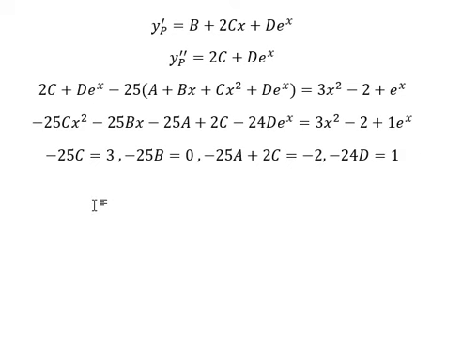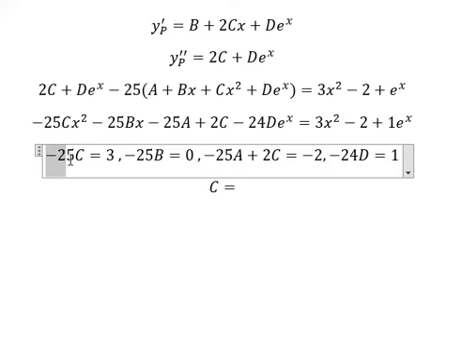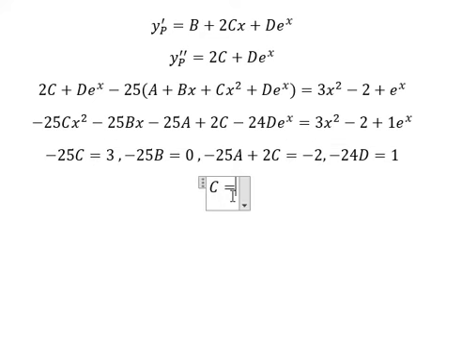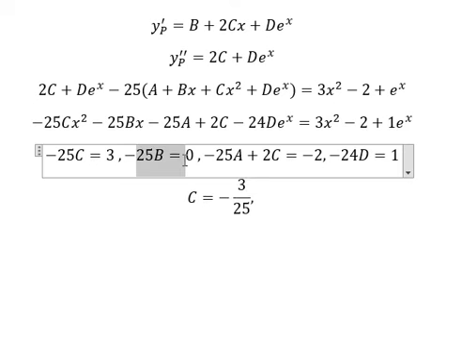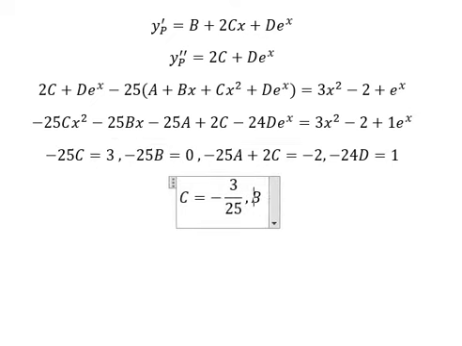And now we need to find the solutions of A, B, C, D. So we divide both sides by negative 25. And we have C equals negative 3 over 25. We don't have b, so B equals 0.